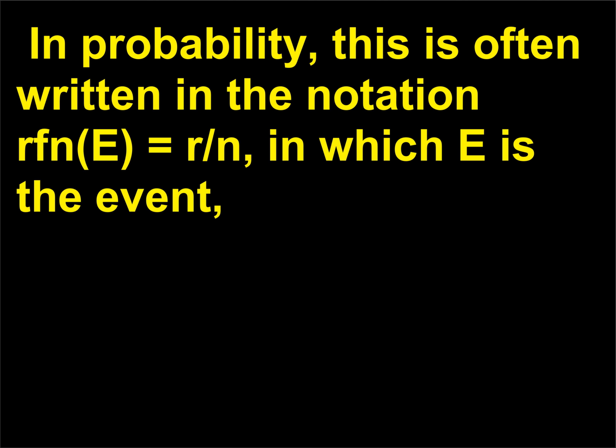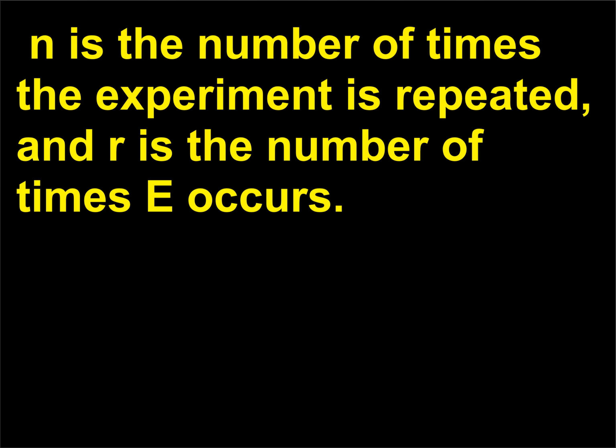In probability, this is often written in the notation RF(E) equals R/n, in which E is the event, n is the number of times the experiment is repeated, and R is the number of times E occurs.